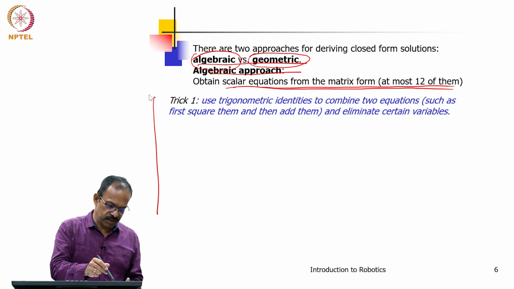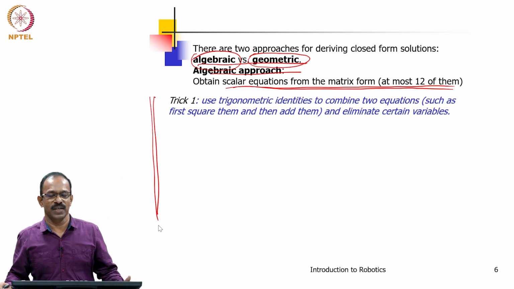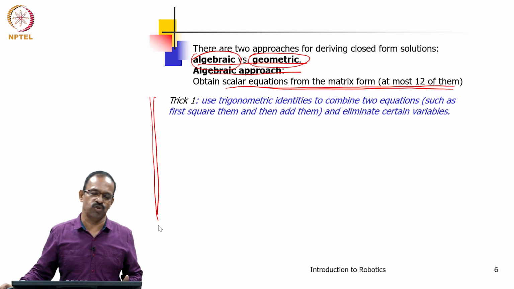They cannot be solved very easily. There are a lot of difficulties in solving these 12 equations. So, we use some trigonometric identities to combine two equations, first square them and then add them and then eliminate certain variables. So, there are different tricks to be used.